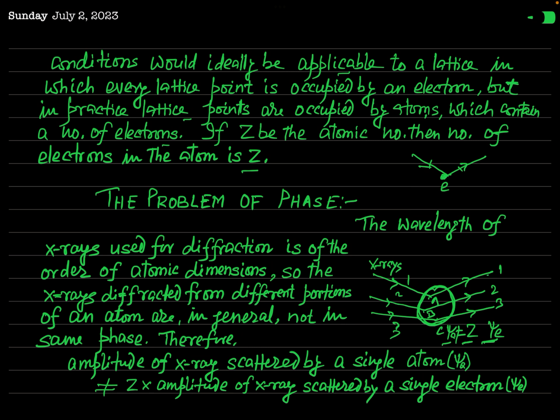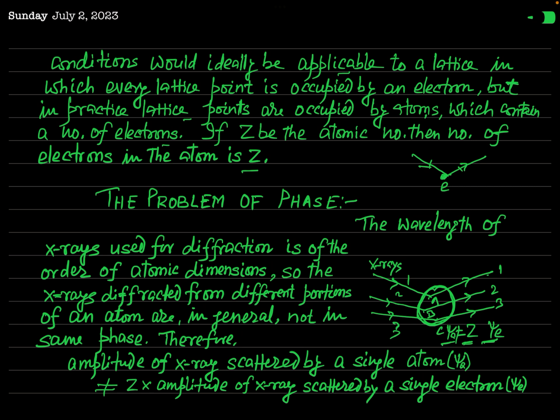But as there is a particular phase difference between the scattered beams, the amplitude of the X-ray scattered from the atom in general is not equal to the number of electrons times the amplitude of X-ray scattered by a single electron.